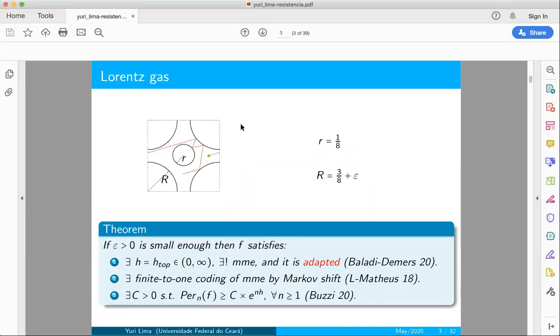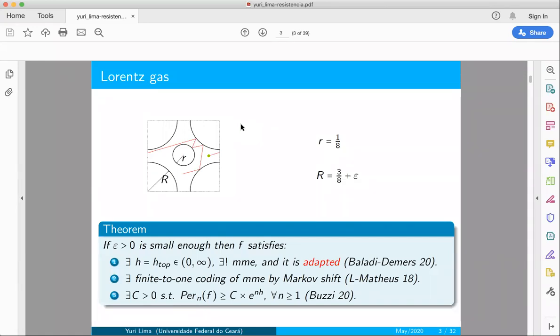This map pretty much looks like a uniformly hyperbolic diffeomorphism. But it has an extra difficulty given by the presence of what are called grazing collisions. These grazing collisions are trajectories that are tangent to one of the obstacles. When this phenomenon happens, if you calculate the derivative of the map, you see that this derivative is going to be equal to infinity.